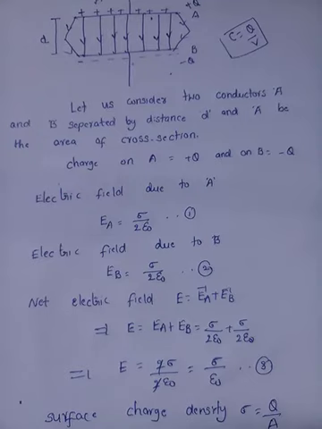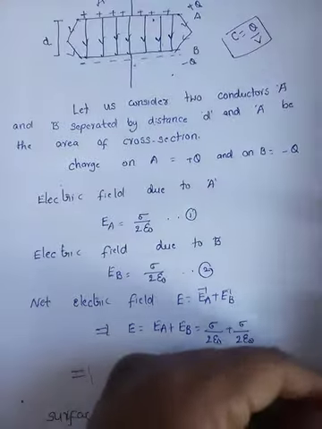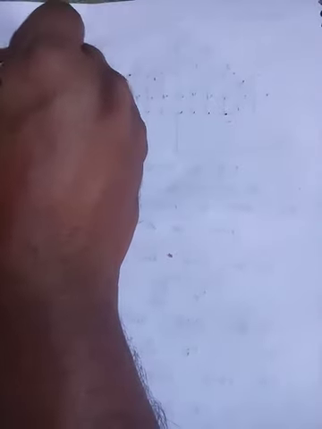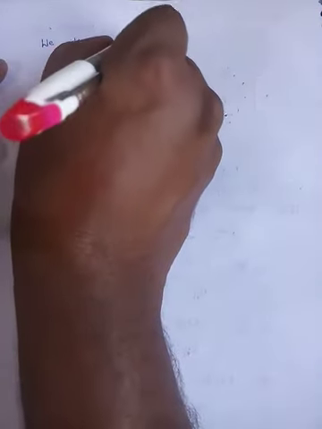We got the electric field. Actually, we have to calculate what? Capacitance. Let us see how we are going to derive the capacitance of this parallel plate capacitor. So we got E is equal to Q by A epsilon naught. Now we have to calculate the potential, because already we know the charge.